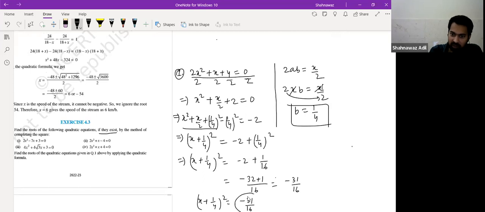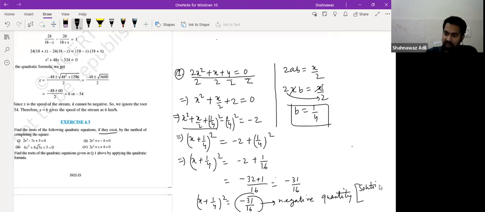So this is a negative quantity, right? So you don't have to find the solution because the solution doesn't exist.